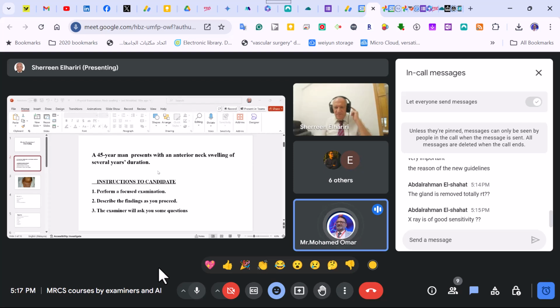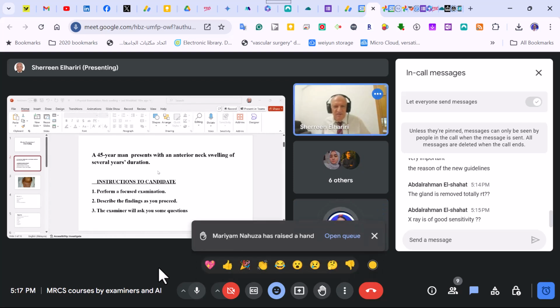There is always a tongue depressor with this station, and we usually prevent the candidate from using it, because sometimes they are a little bit rough and this will hurt the examiner. But at least they should get a mark for saying that if you want to look at the palate or the duct, use a tongue depressor.